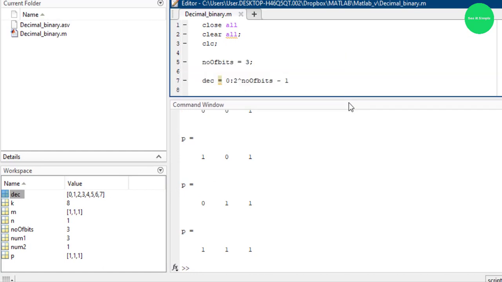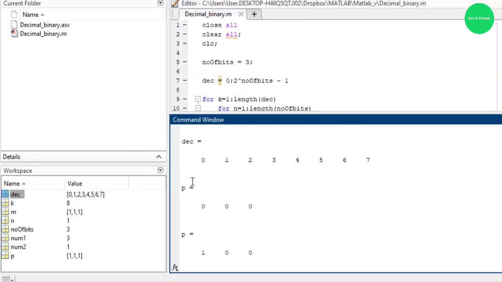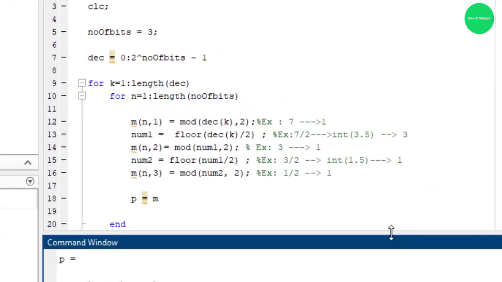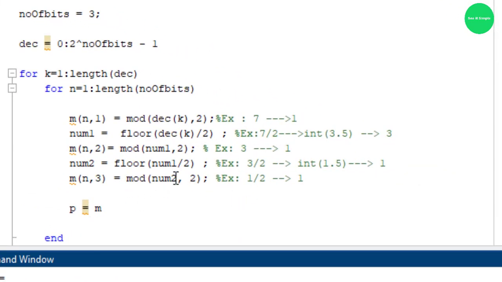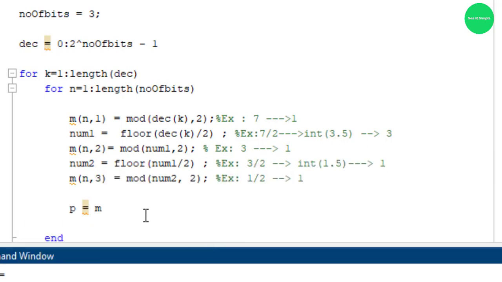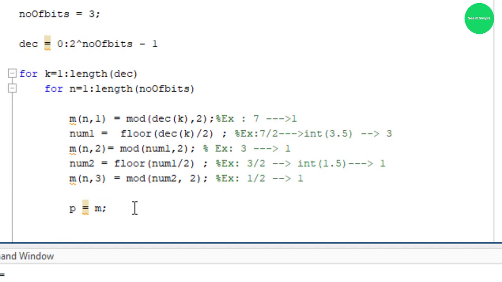So you can see the above decimal numbers have been converted, but in reverse, not in the proper order. You can see it is in reverse order because we divide by 2 and get the values from below, so we have to convert it back.